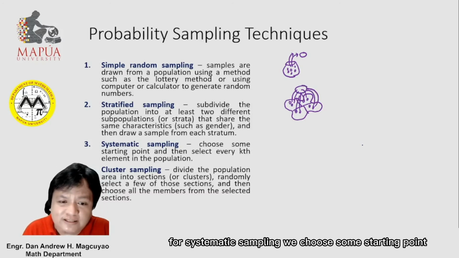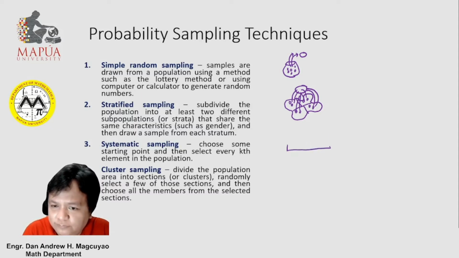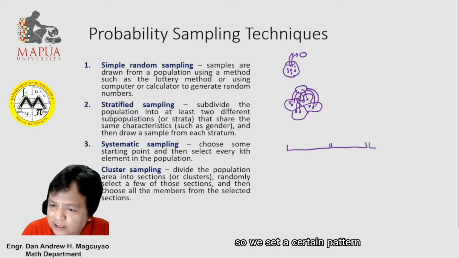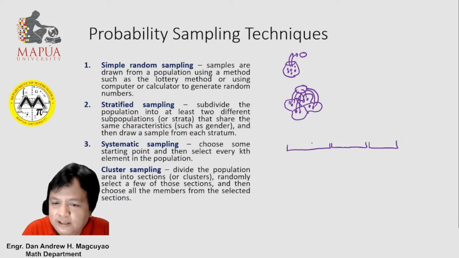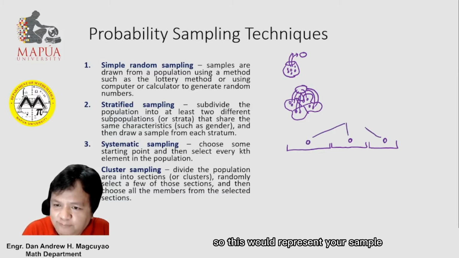For systematic sampling, we choose some starting point and then select every kth element in the population. So we set a certain pattern and then we get the kth element. So this would represent your sample.